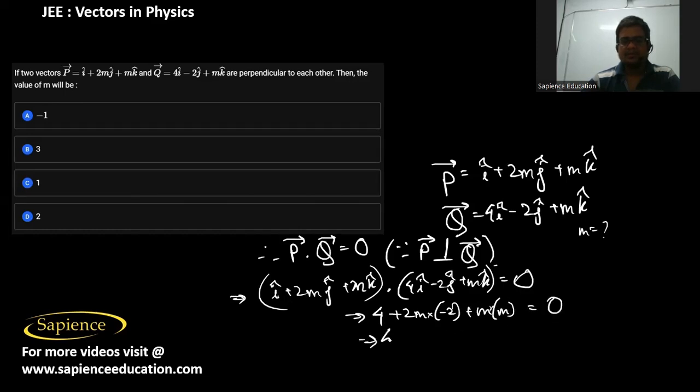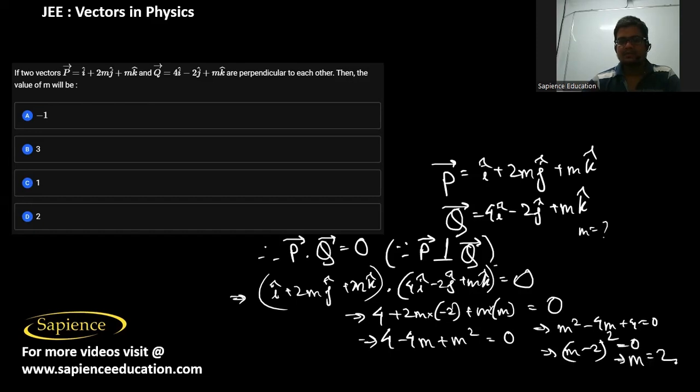So this will be 4 minus 4m plus m square, that is equal to 0. So this is m square minus 4m plus 4 equal to 0, that is m minus 2 whole square equal to 0. So therefore m should be equal to 2. So option D is the correct answer.